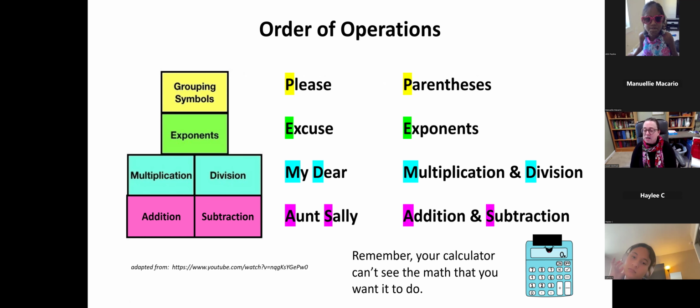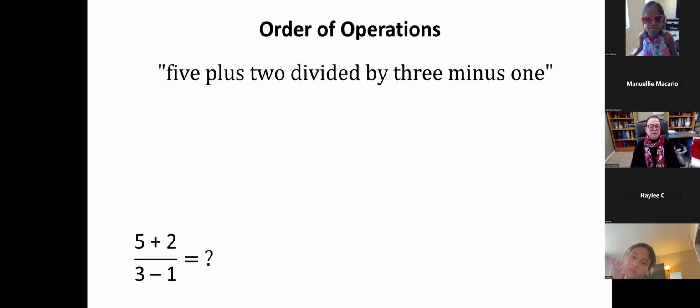Your calculator cannot see the math that you want it to do. You have to tell your calculator exactly what you want it to do. What you're typing in might not be what you think you're telling it to do. So for example, that at the bottom is what was intended by this sentence up at the top. It's not clear what was going on there.